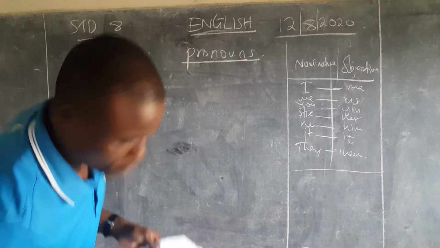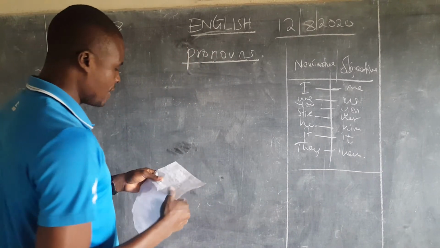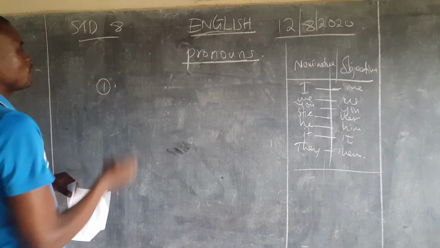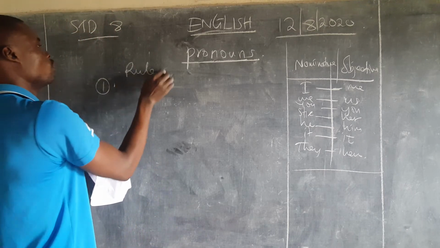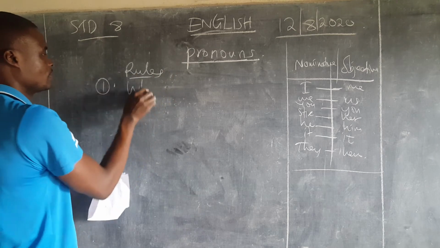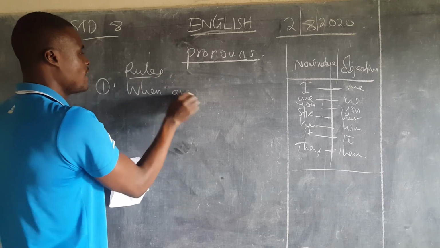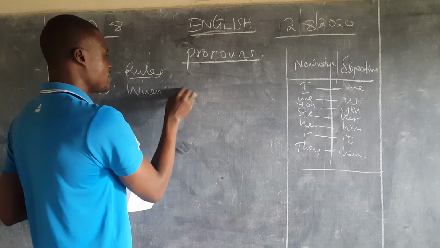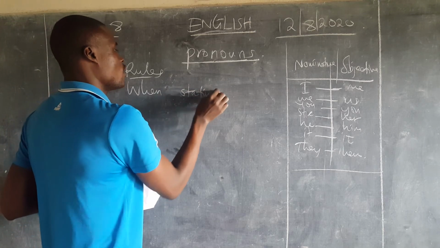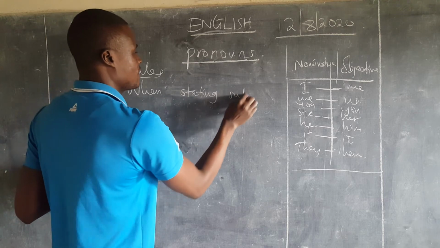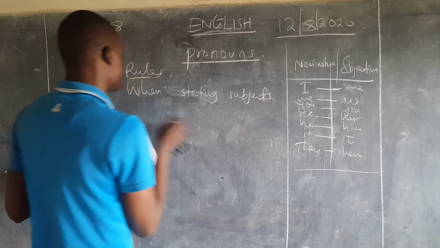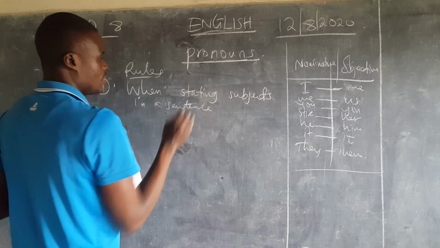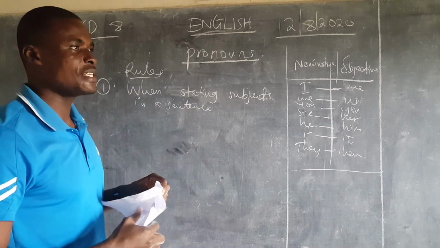Other times we are told that we are mentioning or stating things. So when we are stating things, what are the rules to follow? Rule number one: when stating subjects in a sentence, the meaning of stating is just mentioning.